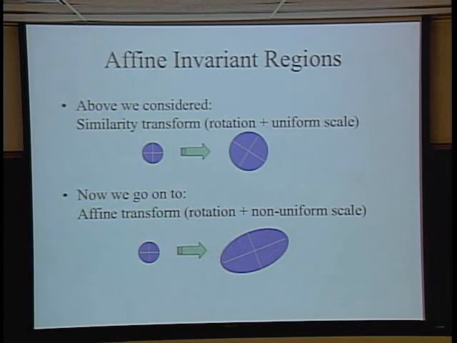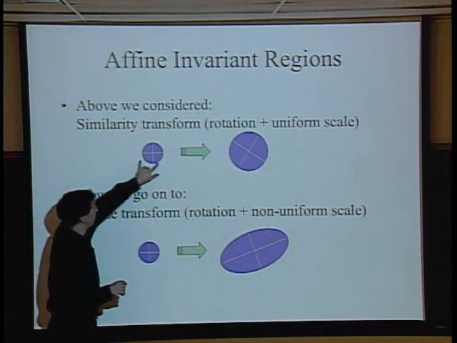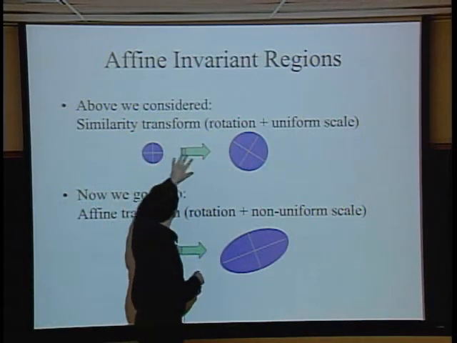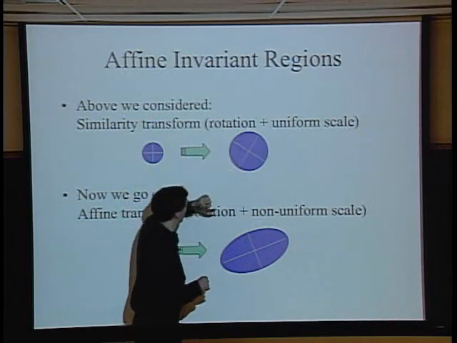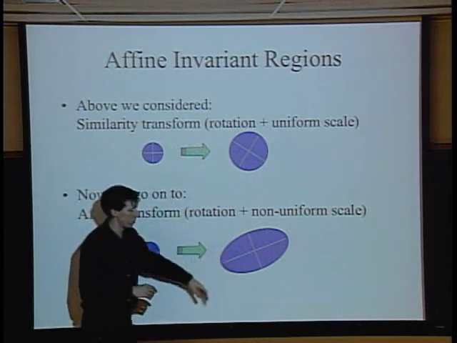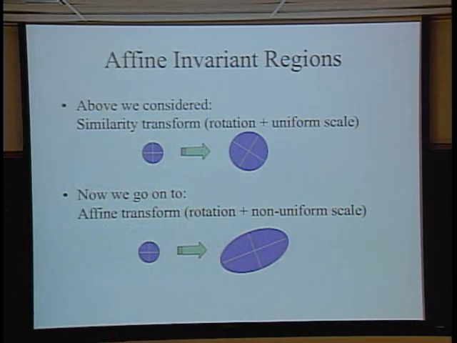So now we go on to the more complicated case where you want to be able to detect not only that this region and this region correspond to each other, but that this region and this region correspond to each other. In other words, that they are affinely transformed versions of the same thing.